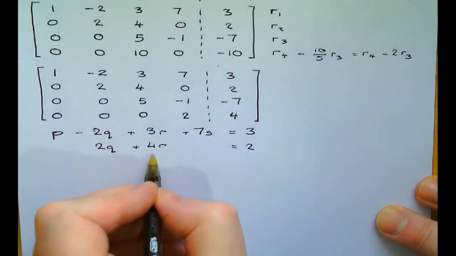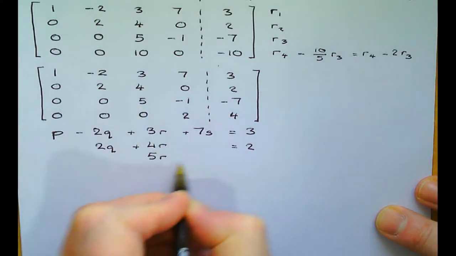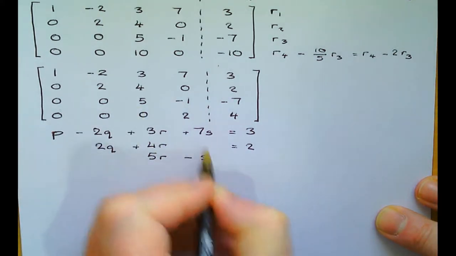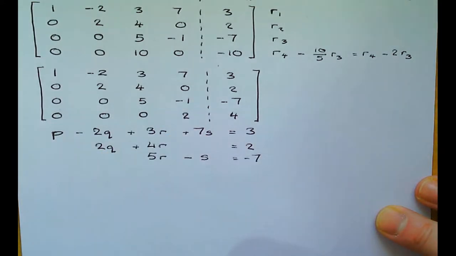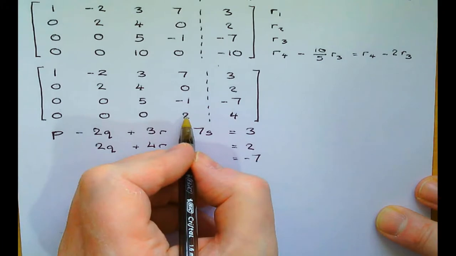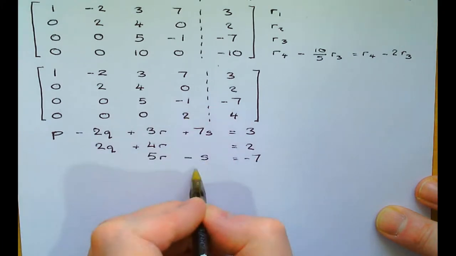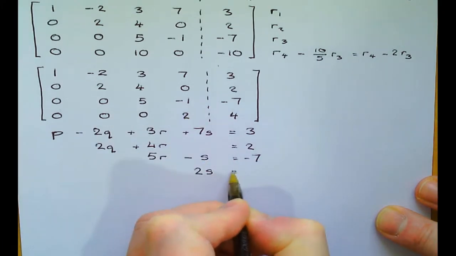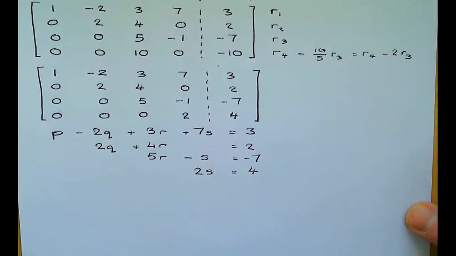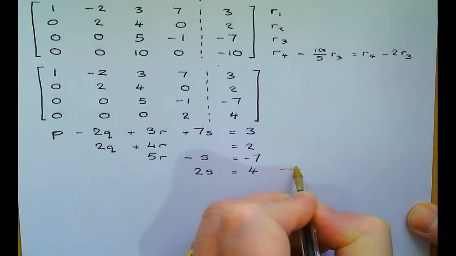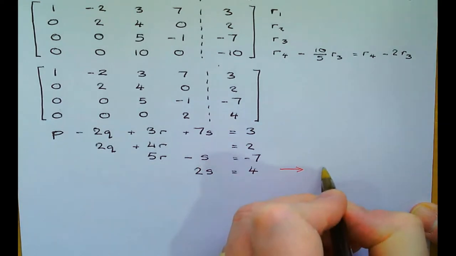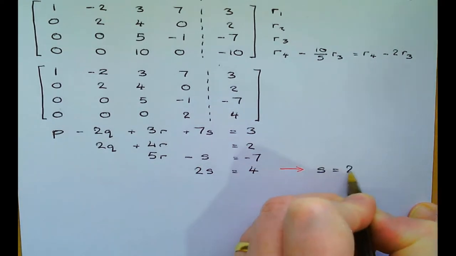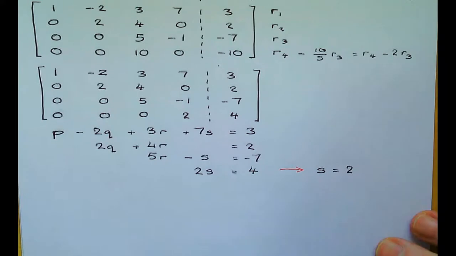The third equation, that 5R minus S is minus 7. And the final equation, that 2S is equal to 4. Well, it's this final equation that we look at first. 2S is equal to 4. S is therefore equal to 2.